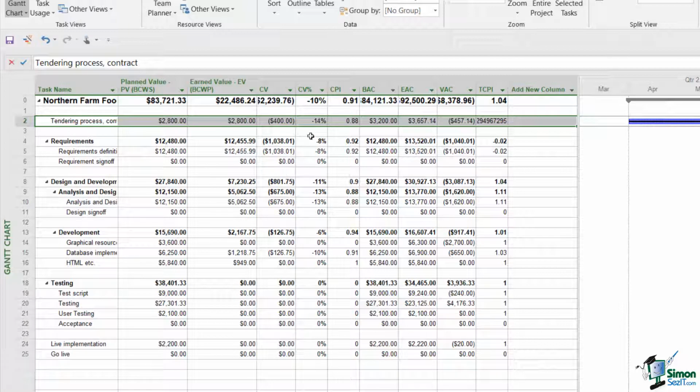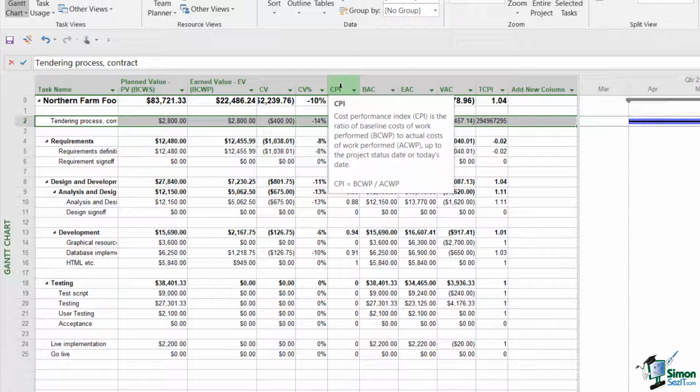Now in this case, it's 14% of the value, so that's quite a significant amount. If your CV percents are 10% and 8% and 11 and 13, they're all fairly significant amounts by which cost is running over budget. Whereas if they are -1 or -0.5% and so on, then there's much less of a concern.